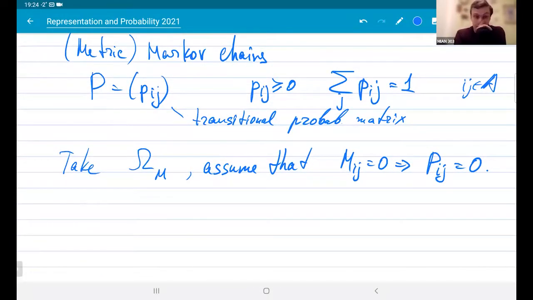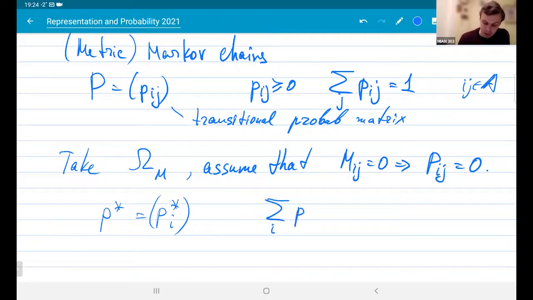So assuming this, if we have a transition probability matrix, we can also have some P star, which is a vector. This is the vector of P star i, such that the sum over i of P star i P_ij equals P star j. This is a stationary distribution.